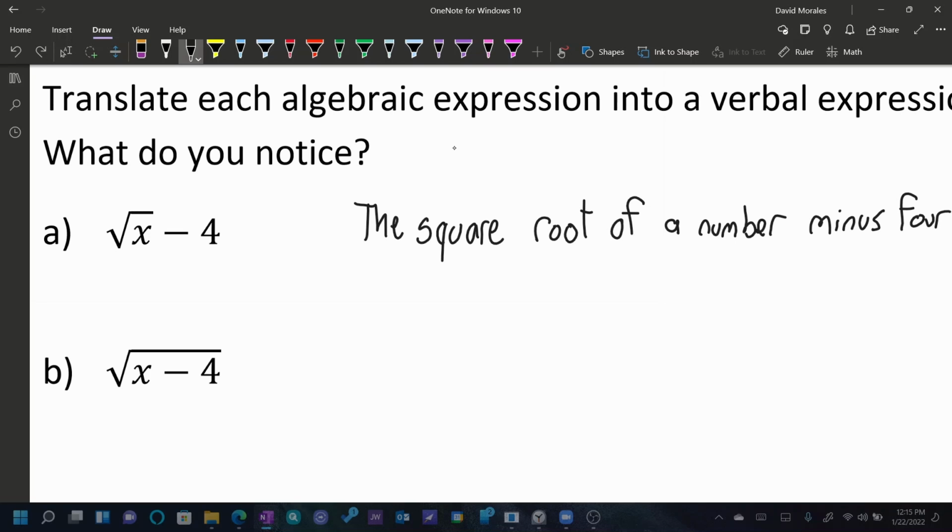And again, we just read from left to right, minus 4. No ands, okay? Well, here, I have a square root that's including both x minus 4, but x minus 4 is also doing something else together.